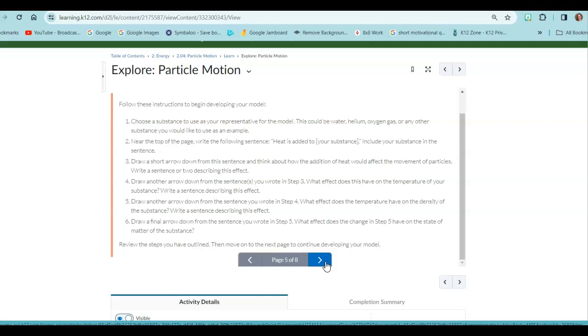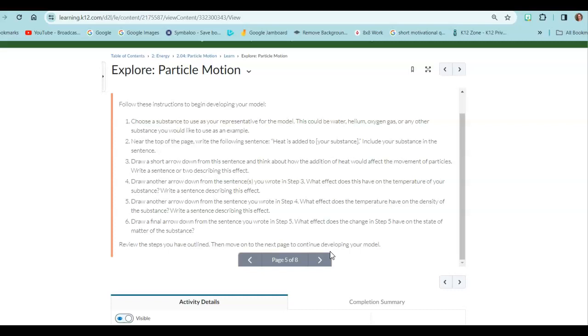Choose a substance to use as your representative for the model. This could be water, helium, oxygen gas, any other substance that you would like to use. Keep in mind you'll have to know enough about this substance, its melting point, boiling point, things like that. So water would be a very easy one to choose.